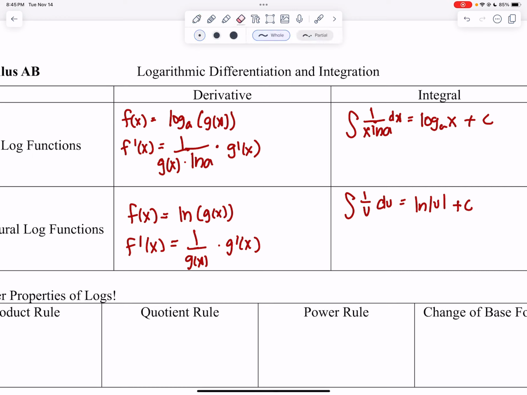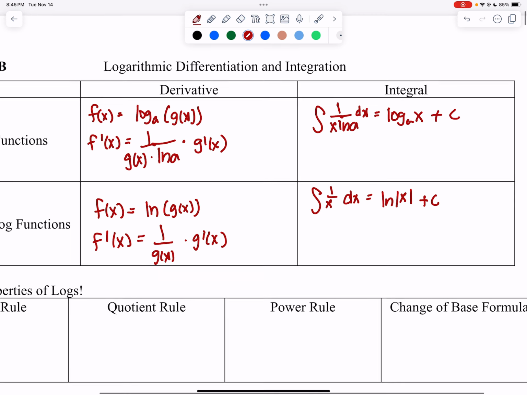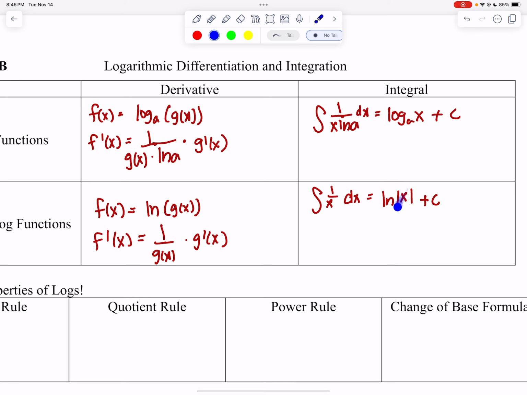Now, of course, if this isn't an x, and let's say it's g of x, then remember that you're going to have to use substitution to make it look like this basic integral right here.